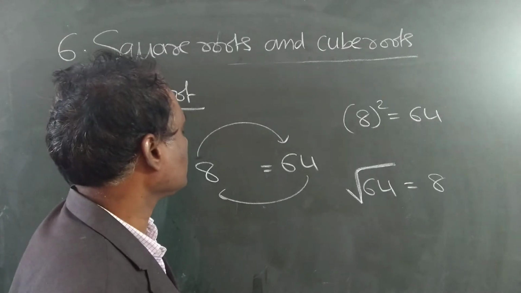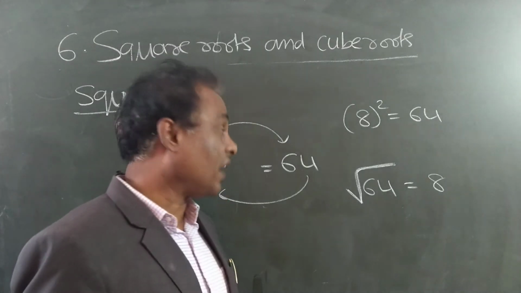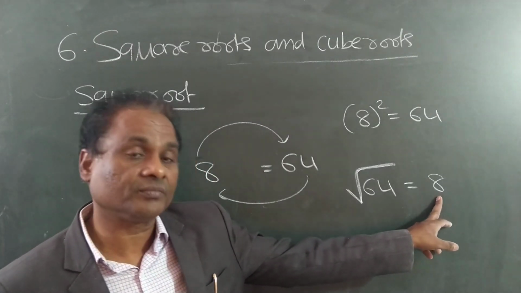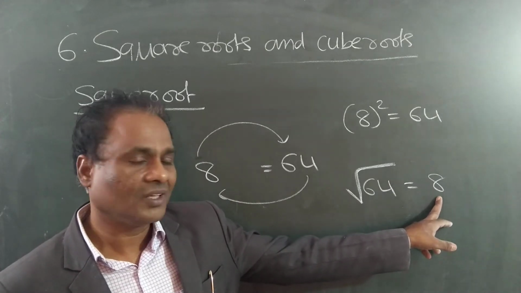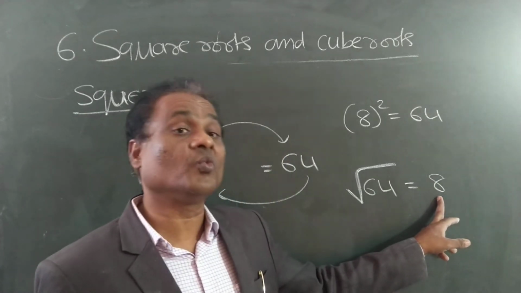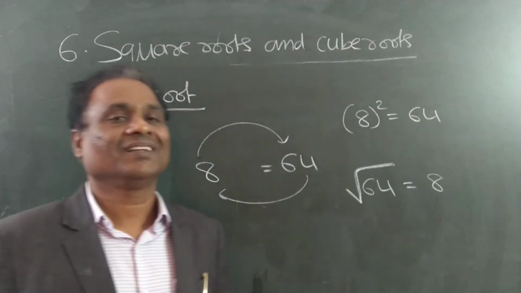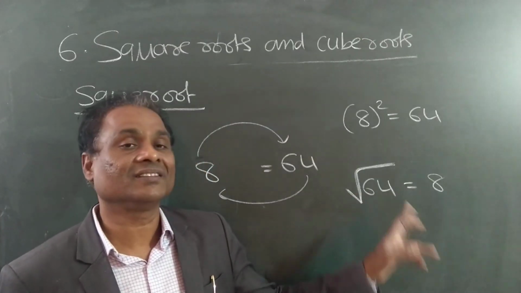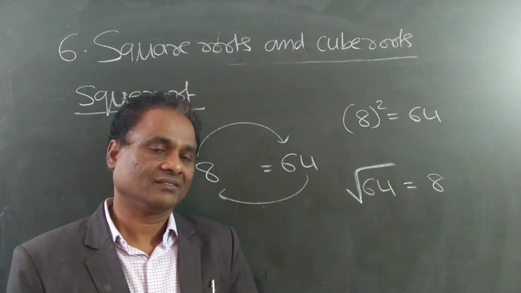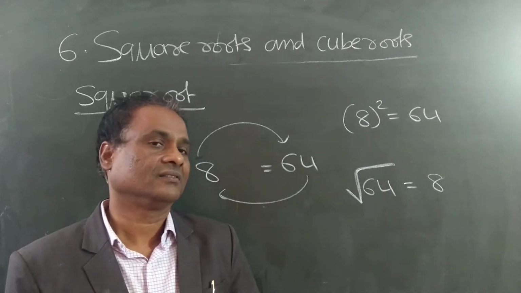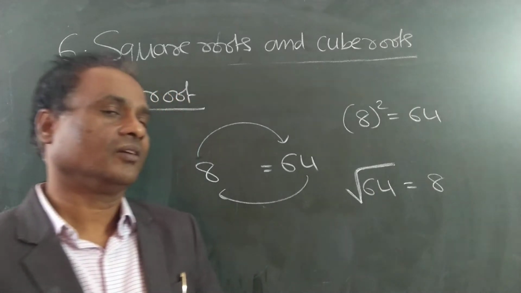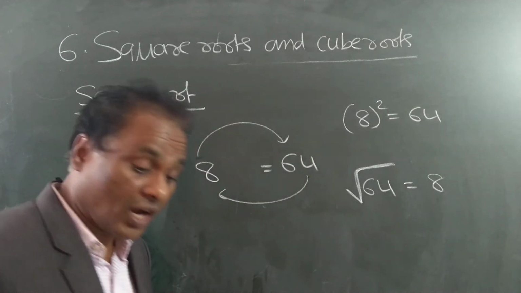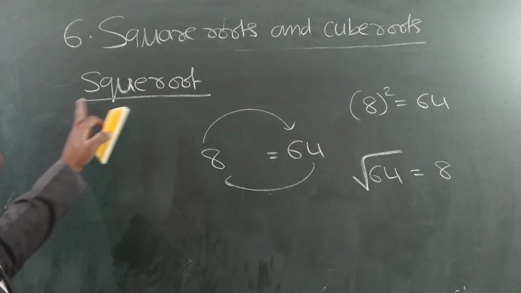Write down. The process of finding a number whose square is the given number is called finding the square root.